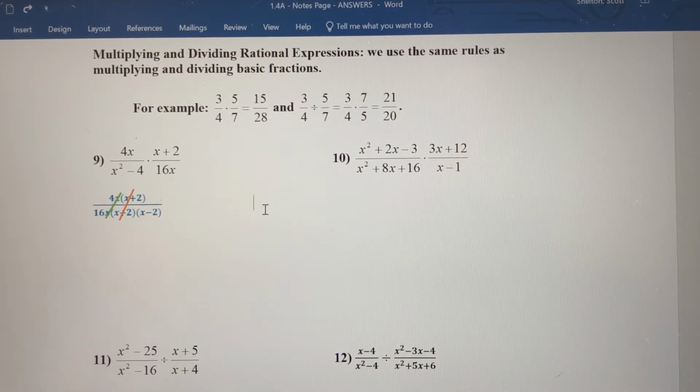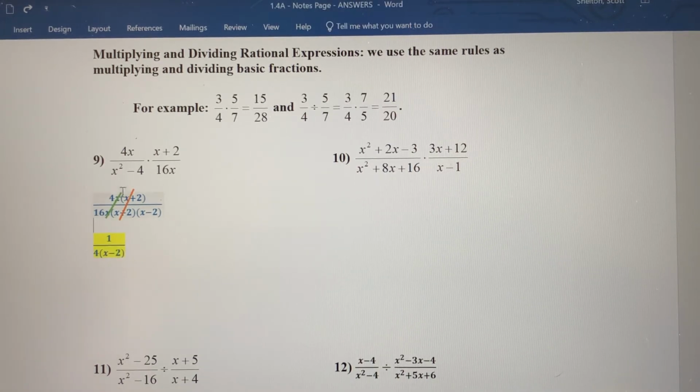We've done the domain in 2 previous videos, but if you want to think about what domain here, you can do that. So once I simplify, again, 4 over 16 simplifies to 1 over 4. So my numerator, the only thing that's left is 1. And my denominator, the 16 simplified to 4, and then this factor x minus 2 came in, okay? So the product of these 2 fractions is 1 divided by 4 times the quantity x minus 2.